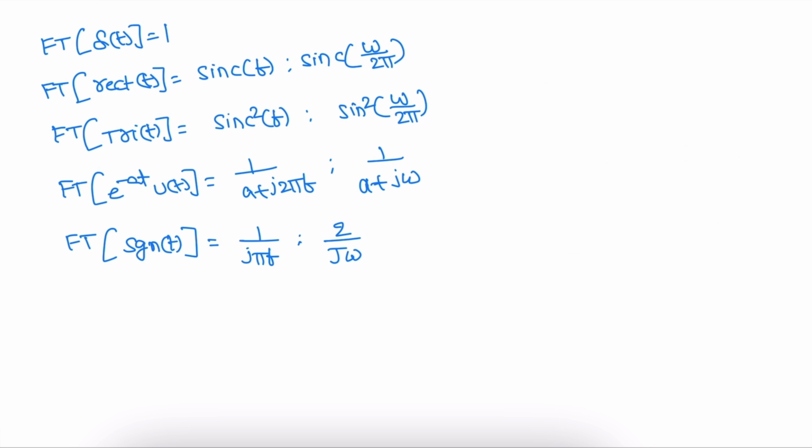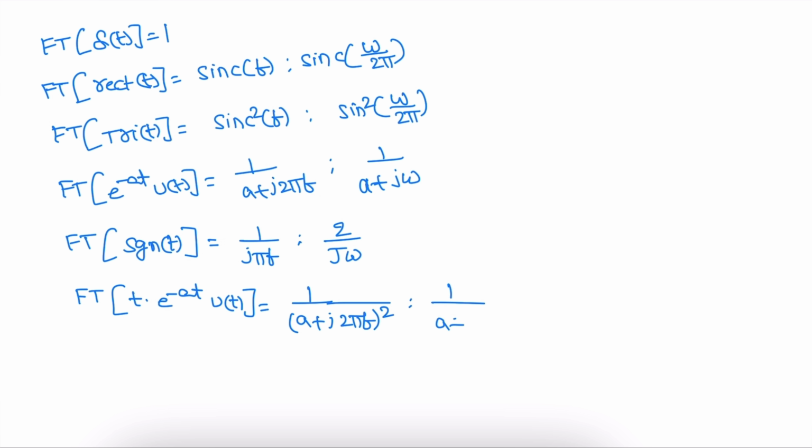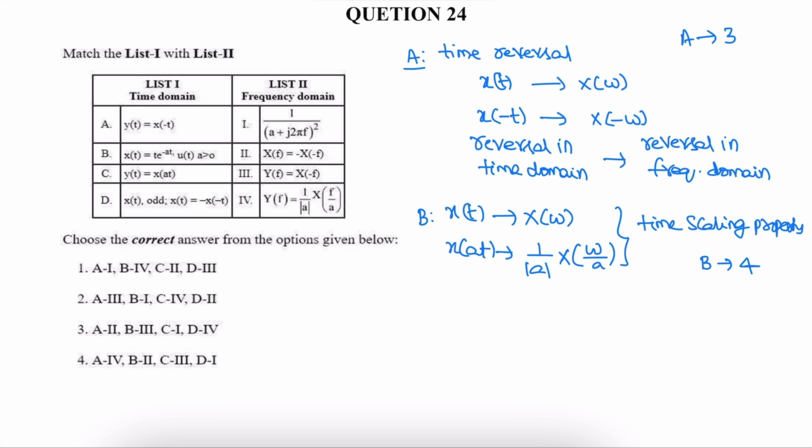Fourier transform of t e power minus at u of t is 1 by (a plus j 2 pi f) square, or 1 by (a plus j omega) square.